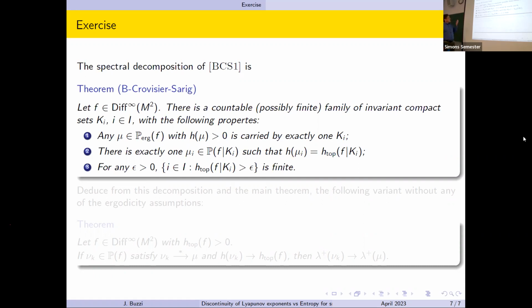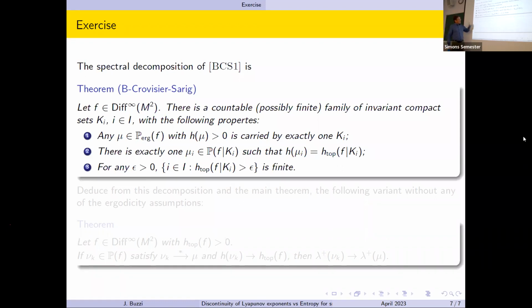Okay, so what is the spectral decomposition? It says that if we are in our setting, so you have an infinitely smooth surface diffeomorphism, you can find a family of invariant compact sets, which I call here Ki, which have the following properties. Okay, so if you look at any ergodic measure with positive entropy, it is carried by one of the Ki.